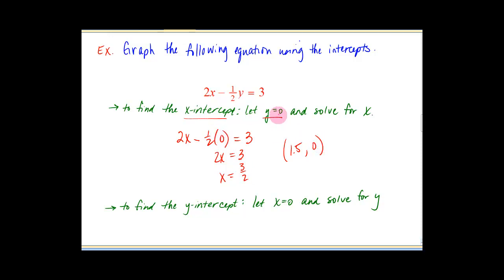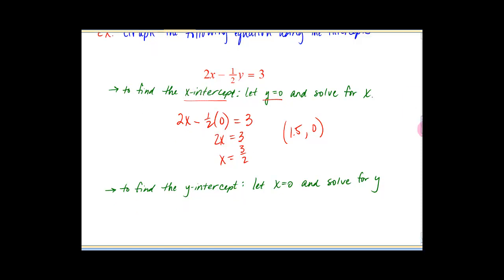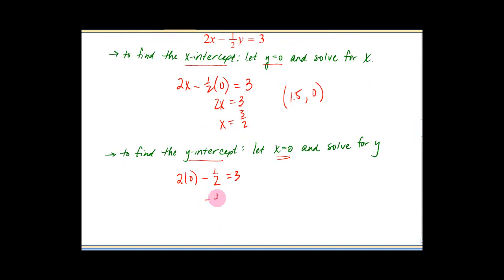Okay, so I found out what the x-intercept was, and now I'm going to find out what the y-intercept is by doing the opposite. This time I'm going to let x equal 0. Okay, so I say 2 times 0 minus 1/2 y equals 3. So -1/2 y equals 3.